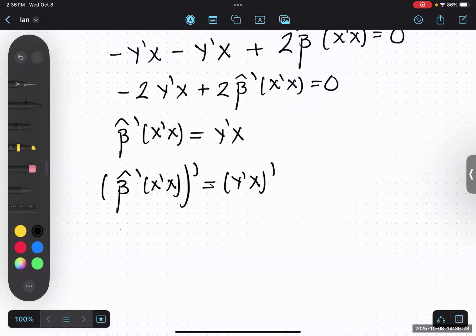If you have the product of 2 matrices and you transpose them, you apply the transpose to each of the matrices, but you have to flip the order. X transpose X, which should be transposed, but remember, X transpose X is symmetric, times beta hat transpose. And you know from one of those properties that I explained in previous videos, when you double transpose, that brings you back to the original matrix. In this case, my vector beta hat.